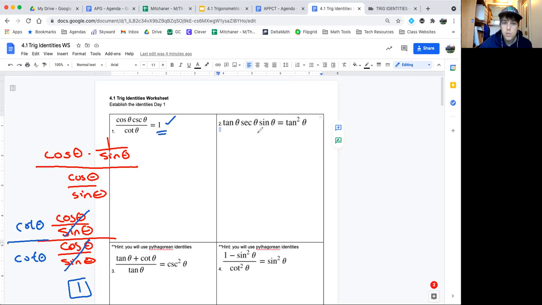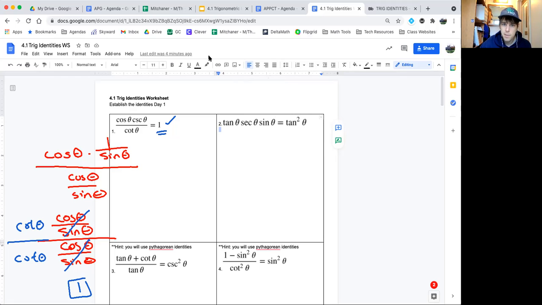All right, number 2 here, we have tangent theta times secant theta times sine theta equals tangent squared. To me, it looks like the left side is the more complicated side here. We have 3 different trig functions all multiplied together versus just tangent squared. So I'm going to work with this left side.